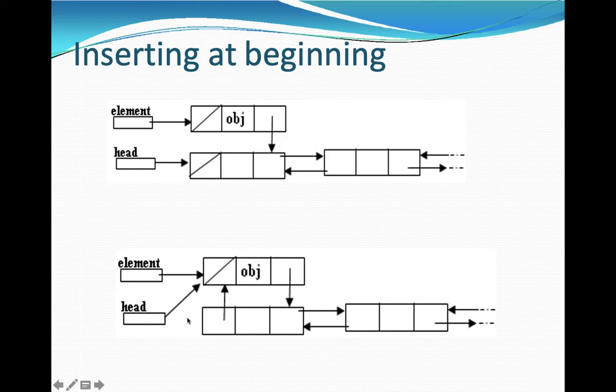The next of the new node will point to the current node, and the previous of the current node will point to the new node. So this is the process. The head will point to the new node. The next of the new node will point to the previous current node, and the previous of the current node will point to the new node. Okay. So this is the process.